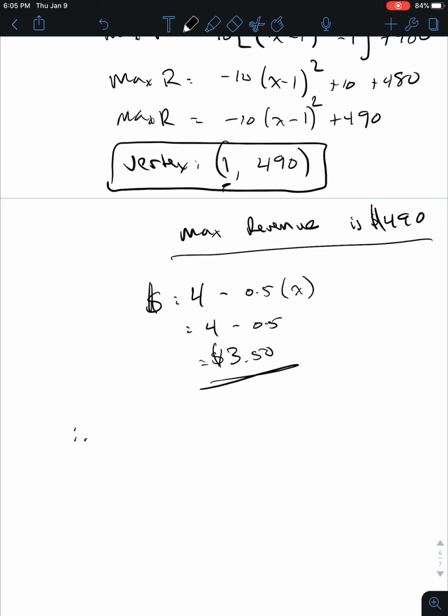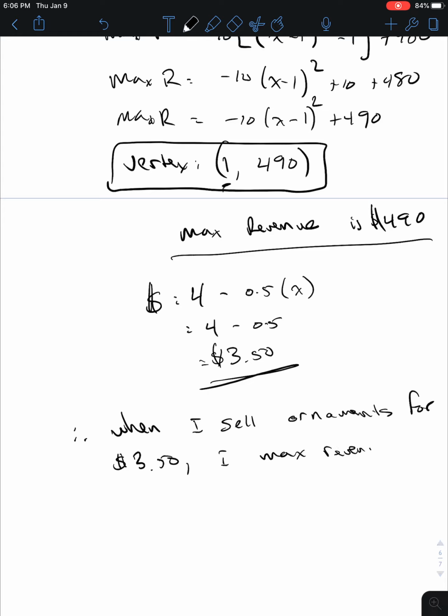So I could say, therefore, when I sell ornaments for $3.50, I maximize the revenue and make $490.